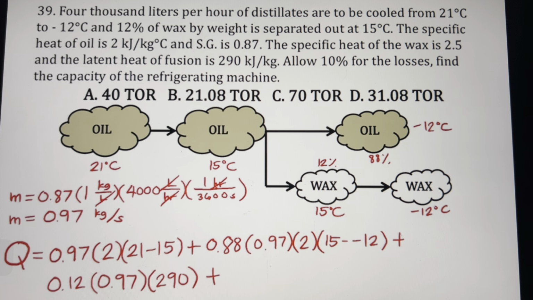Plus, we have wax here at 15, and we have wax at -12. So there is no change in phase, but there is a change in temperature. So again, this is sensible heat. And again, the weight is only 12% of our total.